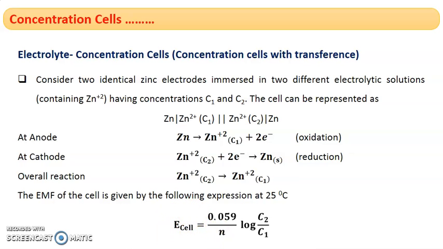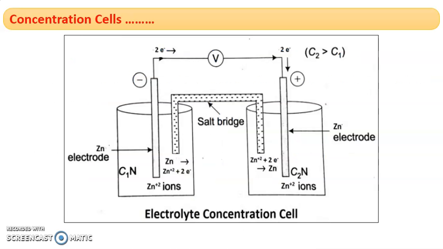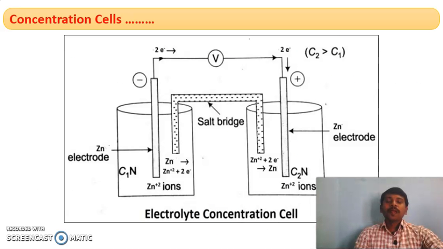And we can see in the picture an example of the electrolyte concentration cell we have discussed just now. This is a zinc electrode. This is also a zinc electrode. These two are identical, with no difference in the concentration. And electrolytes are similar here, but they have different concentrations.